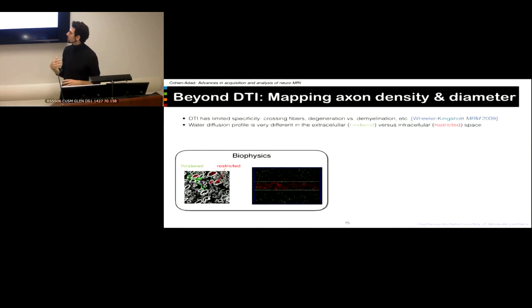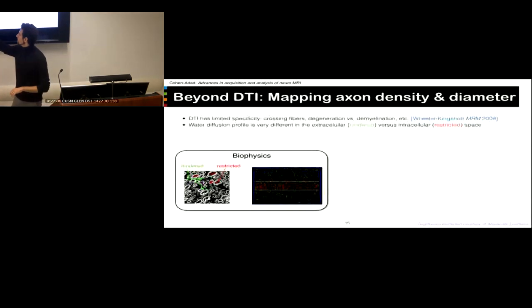That's why there is ongoing research that tries to model the different compartments of the white matter, and especially the inside compartment, which is called the restricted compartment, where the water is kind of trapped inside the intracellular space, and the outside compartment called the hindered or the free compartment.